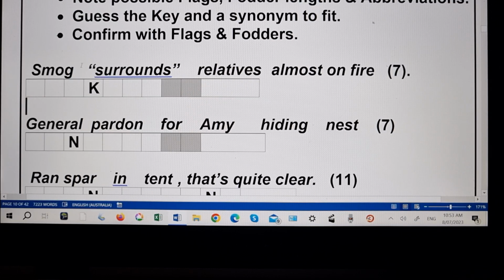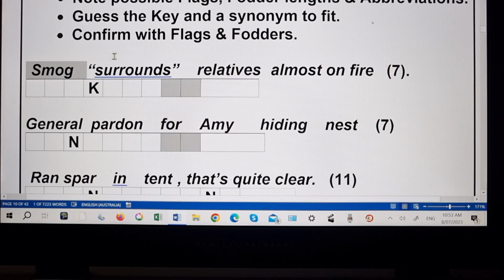Okay, well, we've got to guess. We have to guess at a possible key. Well, let's try the front. Smog. All right, smog. What's a smog? Mist, haze, can't think of one right now. Let's try the other end. Almost on fire.